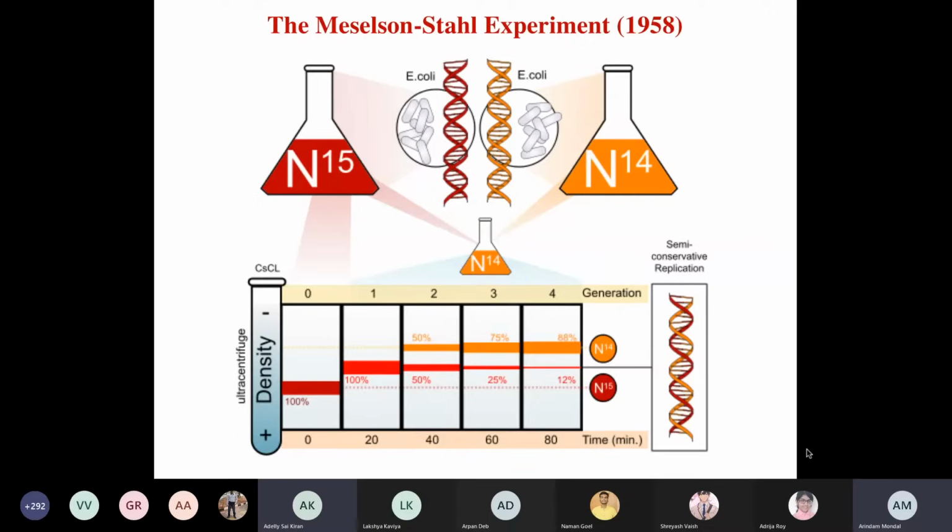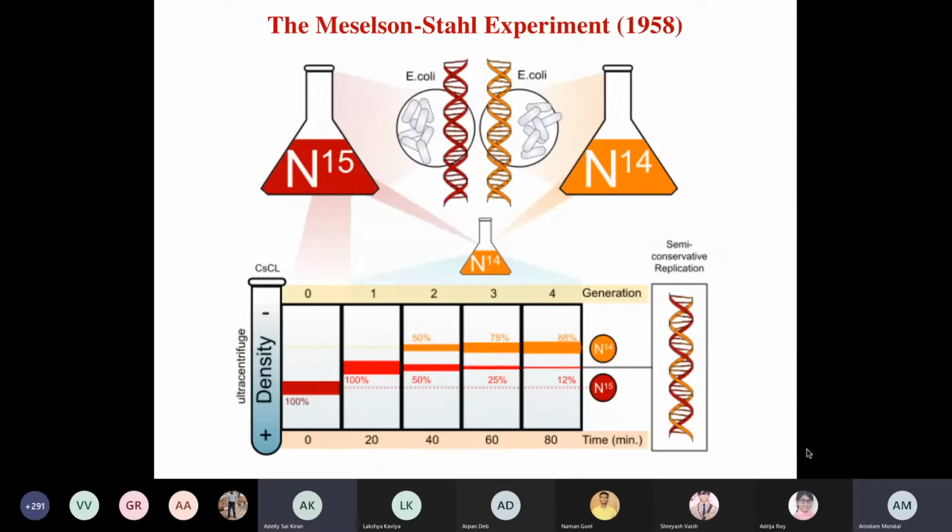Each base contains 2 to 3 nitrogen atoms. If on average each base has 2 nitrogen atoms, and they differ by 1 unit of mass, what will be the difference in the total mass of the DNA? 4,000 times 2, so 8,000 will be the difference in mass, right?